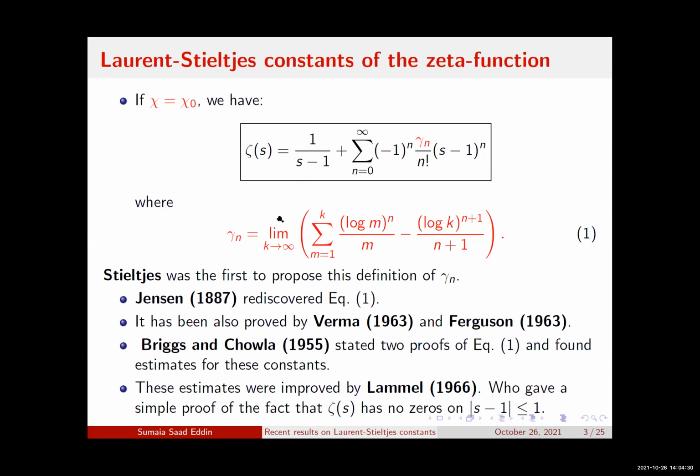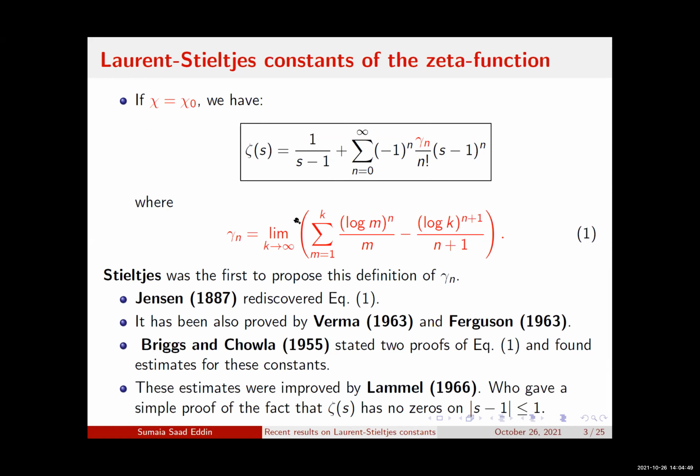In the first case, when the Dirichlet character is principal, the Laurent expansion of the zeta function at s equals 1 is given by this formula, and gamma n here is our Laurent-Stieltjes constant.